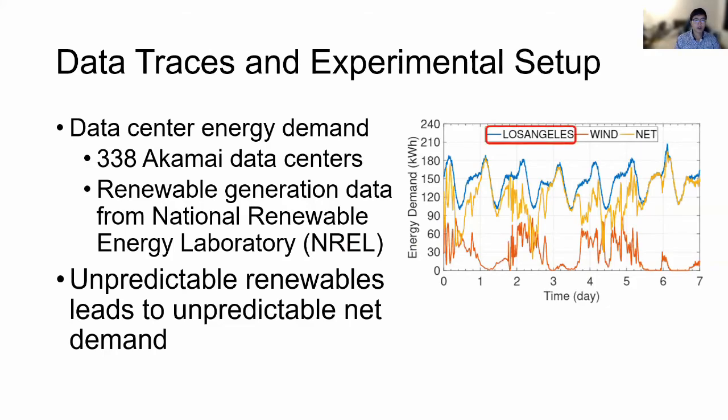This demand pattern is rather predictable, with the demand rising during the day and falling at night. However, the wind energy generation in red is comparatively unpredictable. As a result, the net demand, which we get by subtracting the renewable generation from the electricity demand, is also comparatively unpredictable.